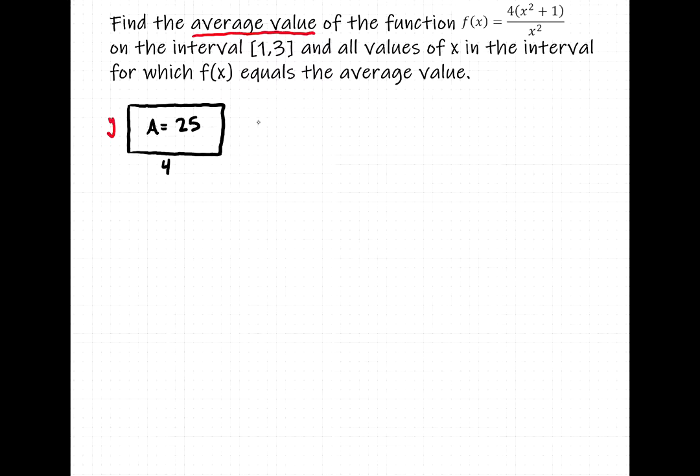Area of a rectangle is equal to base times height, so 4 times y should equal 25. Yeah, no problem there. Divide by 4. So y is equal to 25 over 4, or 6.25. So as long as we have two of the three values, area equals base times height, we could solve for the other one.